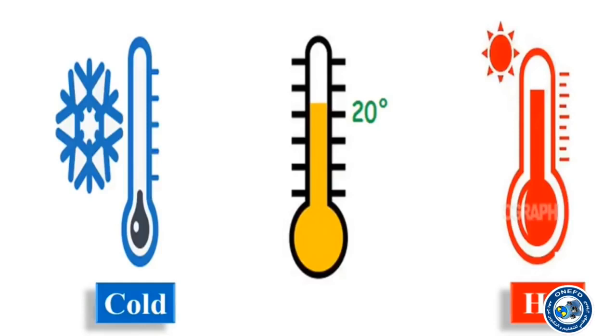The weather is hot. When it is mild, it is between 20 and 30 degrees. Mild means it is average. It is not hot and not cold. It is mild or warm.